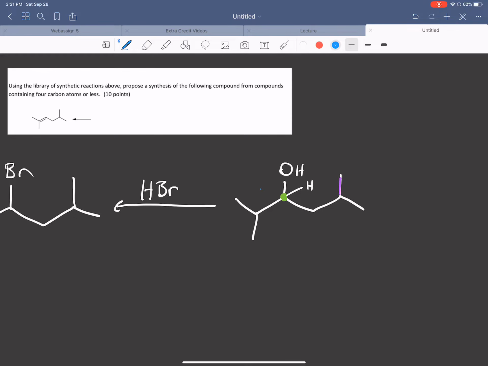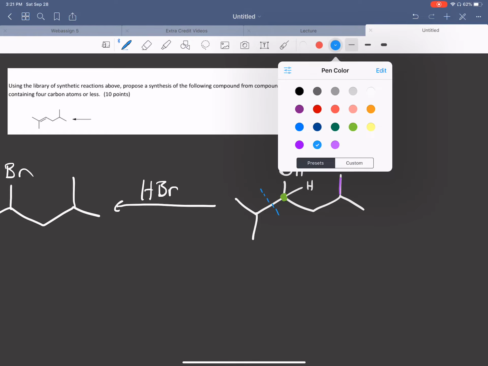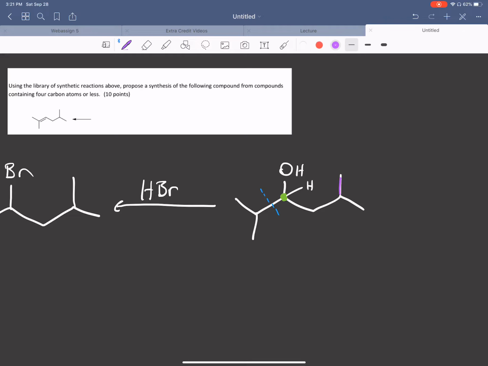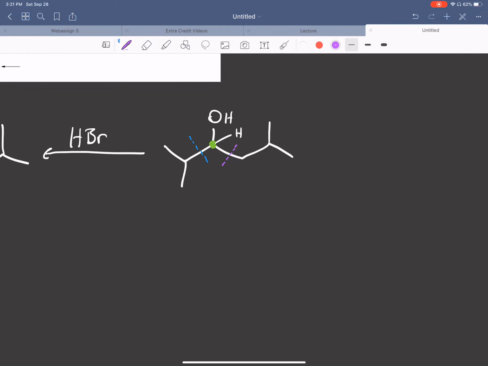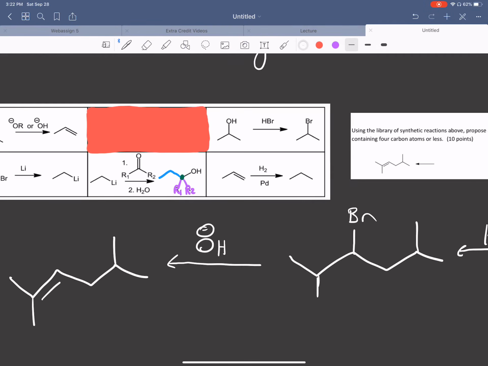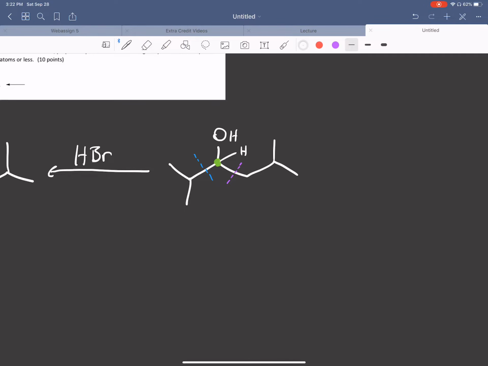So either here, or let's choose a different color so we can see both options, or here. All right. And so this reaction going backwards essentially is a cut. Okay, we're going to cut it. Going forward, it's going to combine things, but going backwards, we cut, right? And so you pick one of those carbons, and we're going to cut it going backwards.